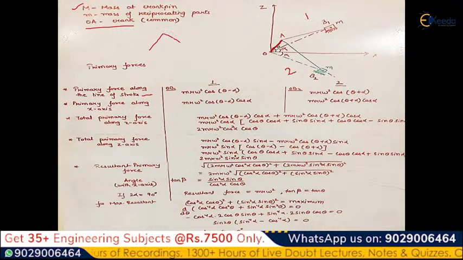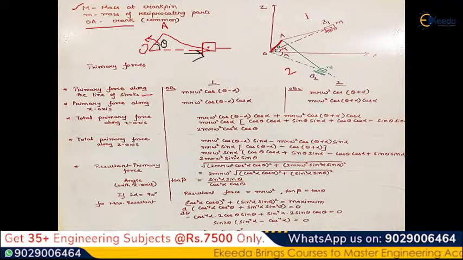If we take a single slider crank mechanism, this is the slider, it will help you to visualize how the system is working, and OA. So the primary force was acting along the line of action. If the piston is going this way, the inertia force, the unbalanced force, is acting in this direction. So if this angle is theta, the primary force is m r omega square cos theta.